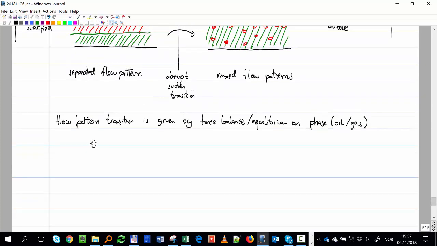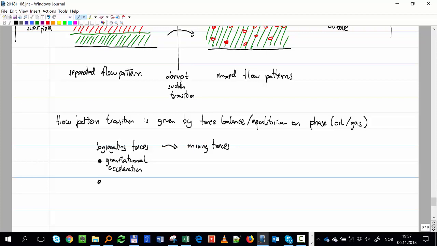So you have segregating forces, and you have mixing forces. What are the segregating forces we have? We have gravity, gravitational acceleration.